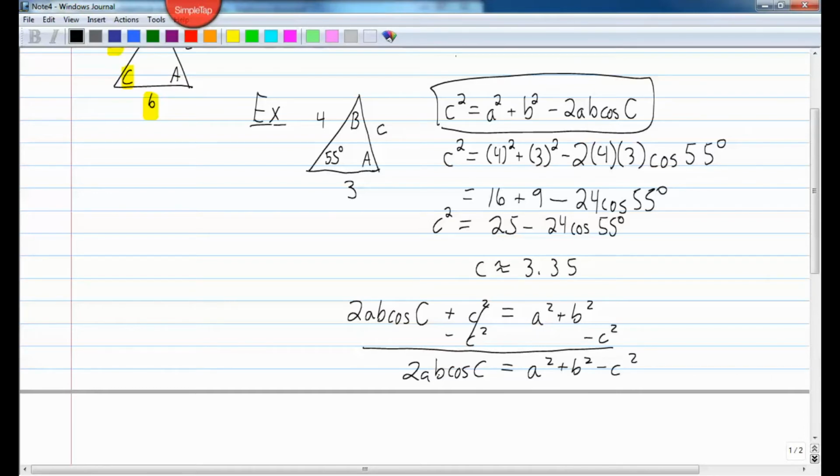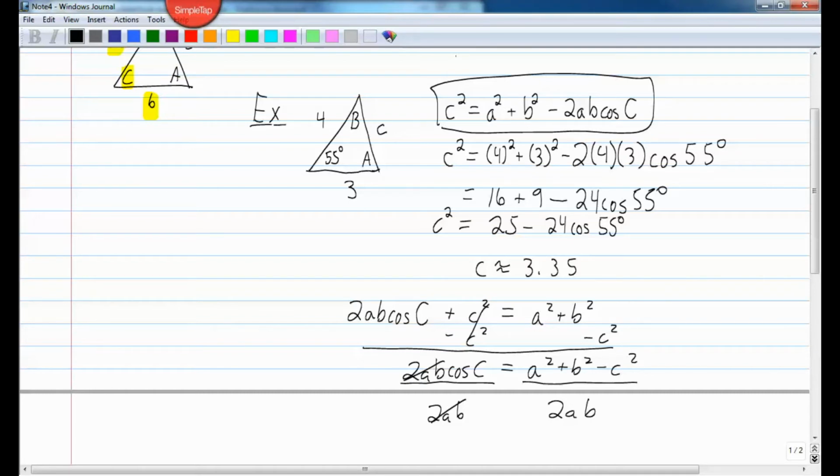Now, since on the left side I'm multiplying 2 times a times b times cosine of c, if I want to only have the cosine of c here, then I need to divide both sides by 2ab. So you divide both sides of the equation by 2ab, and here is the equation that would give you angle c. Cosine of c equals a squared plus b squared minus c squared, all divided by 2ab.